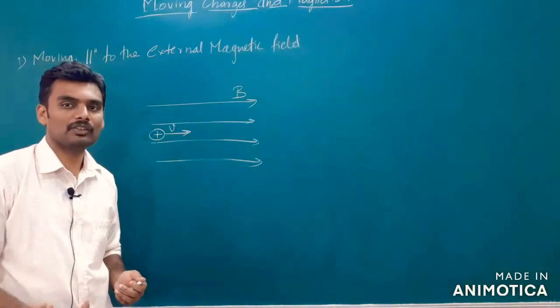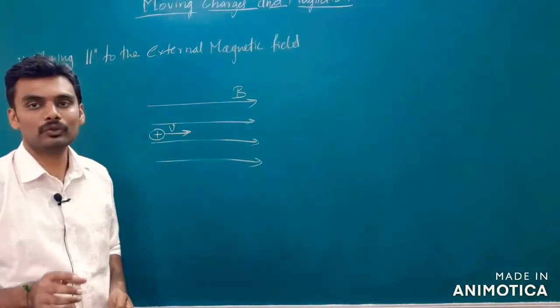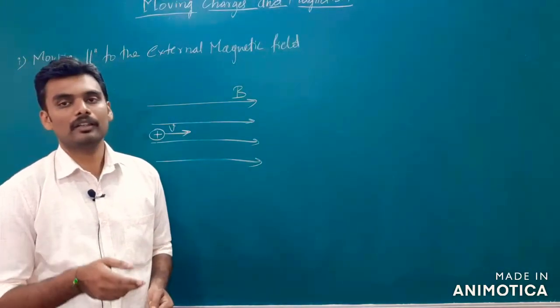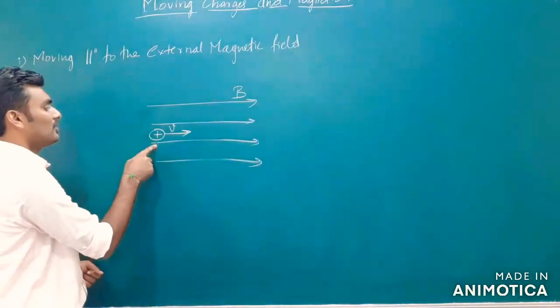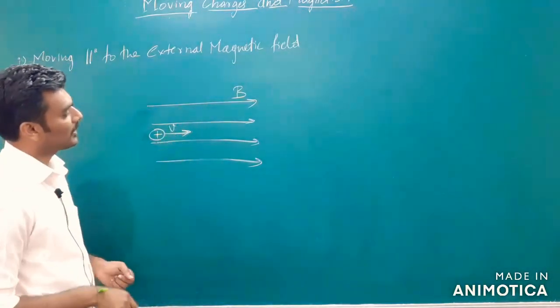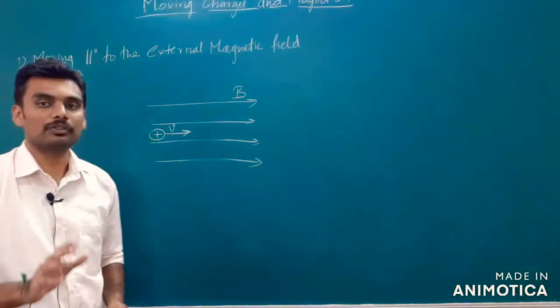Because sine 0 is 0. The magnetic force experienced by a moving charge is given by QVB sine theta, right? Here theta is 0, sine 0 is 0, and hence this charge moving in the external magnetic field parallel to it will not experience any force.